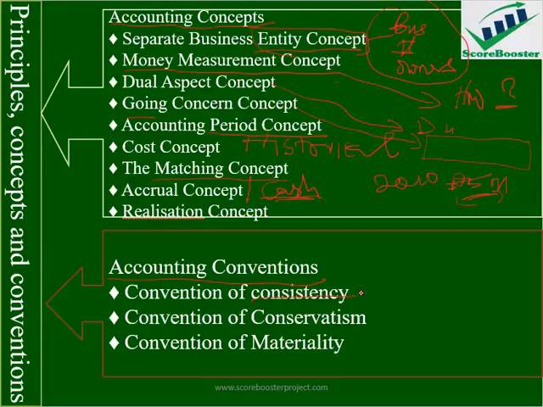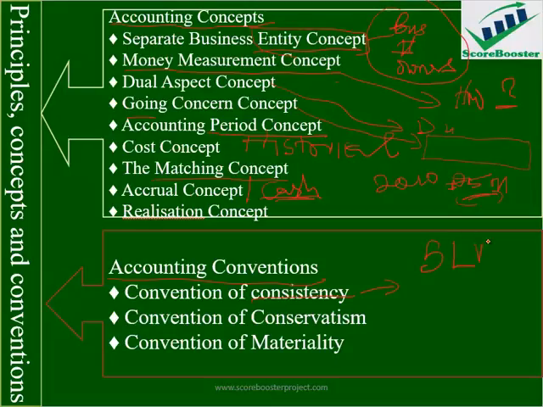Consistency means I must continue with a pattern of accounting, or a method of accounting, or a system of accounting over a reasonable period. For example, we are going to learn something about depreciation later on. You remember what we call the straight line method of depreciation.